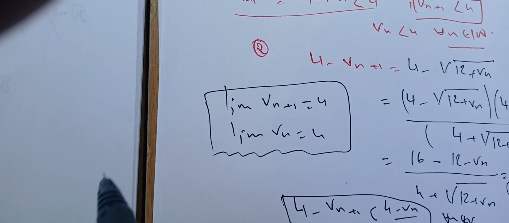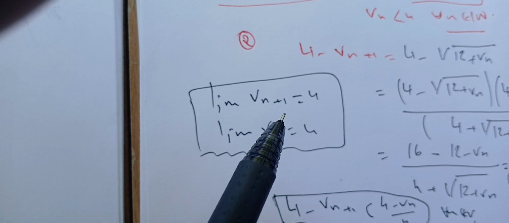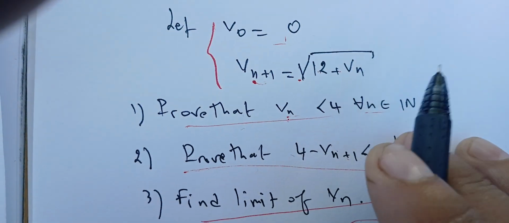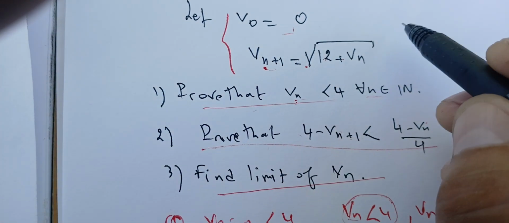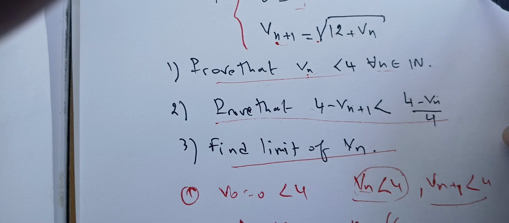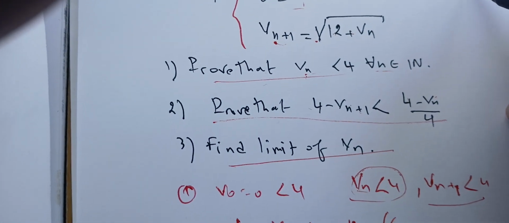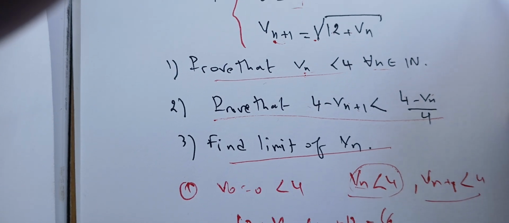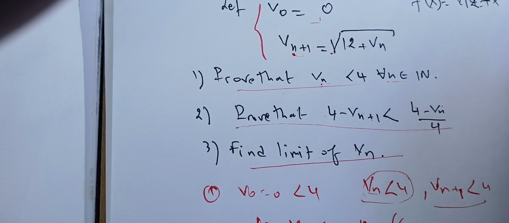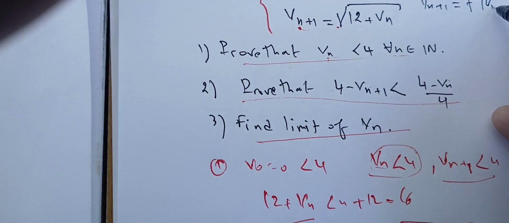There is another way we can solve this kind of question, without doing all this. We can define a function f of x equals the square root of 12 plus x. This function is continuous, and we define Vn+1 as f of Vn.